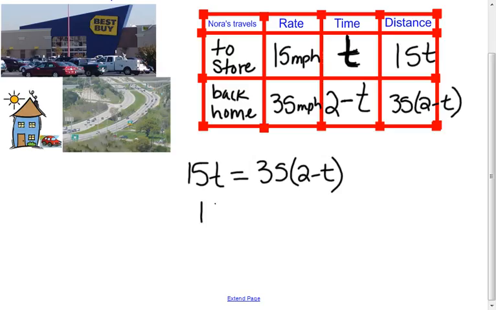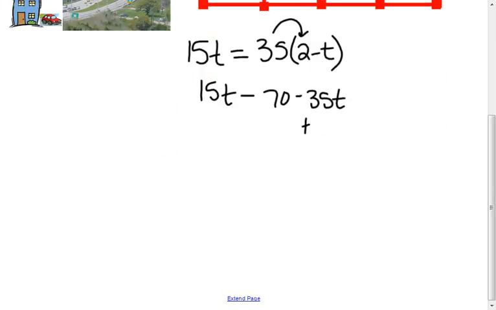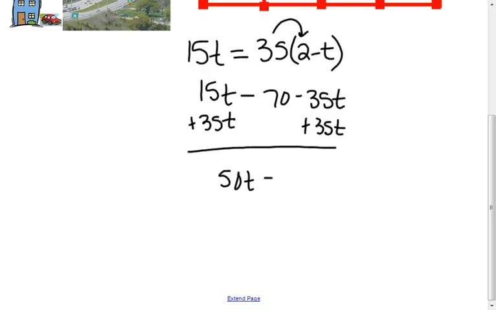Okay, so I have 15t equals, I will distribute over here, 70 minus 35t, and then I will add 35t. And I will have 50t equals 70.